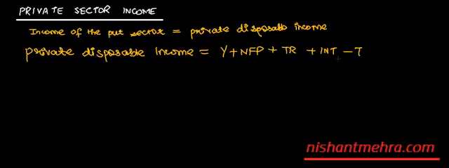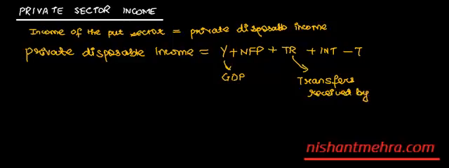Well, should I write it for you, all of this? So this is GDP. Okay, this is net factor payments from abroad. These are transfers received by the government, right?